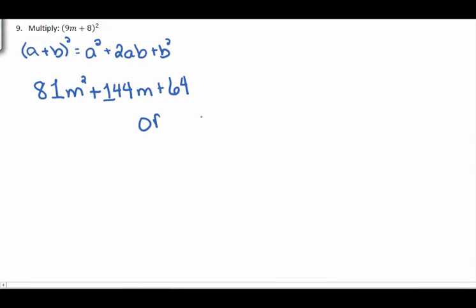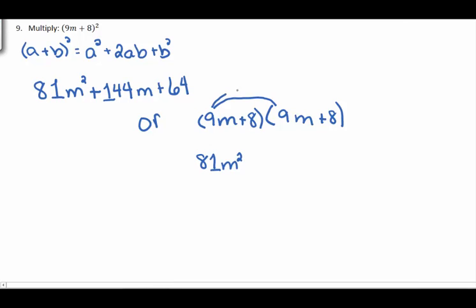The other way to do this is to FOIL. 9m plus 8 squared means 9m plus 8 times 9m plus 8. The first, 9m times 9m, is 81m squared. The outer, 9m times 8, is 72m.